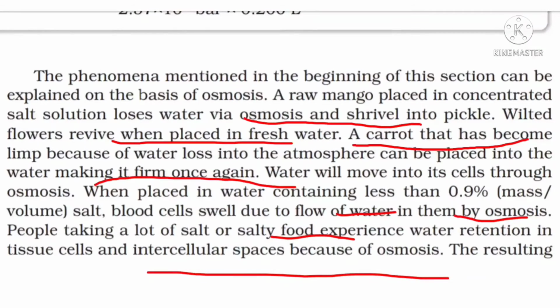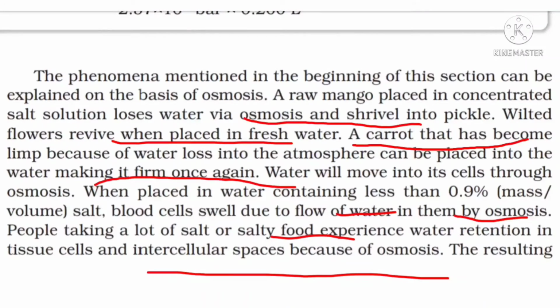And some applications of osmosis are: a raw mango placed in concentrated salt solution loses water and shrivels into pickle. When we place a wilted flower in fresh water, it revives.